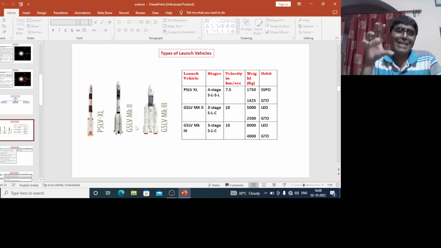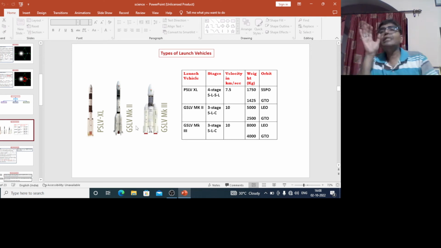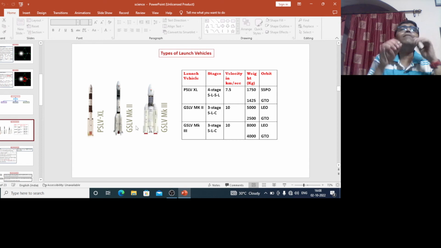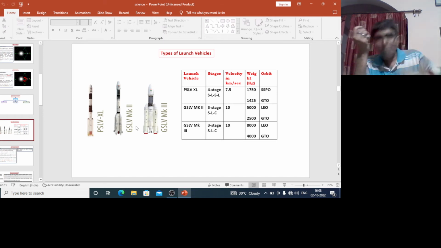In each of these three stages, the solid is at the first stage. Why is the solid at the first stage? It is a basic science concept: a solid propellant will give much more thrust or energy. If you give much more thrust, it helps to launch the vehicle more easily.